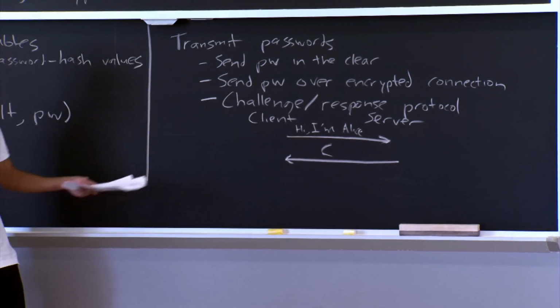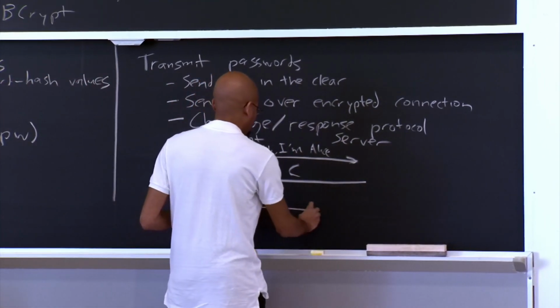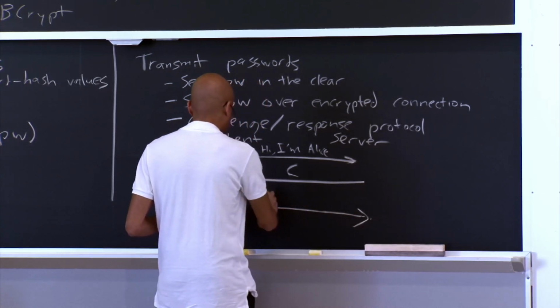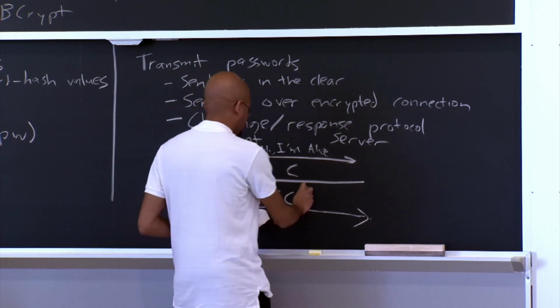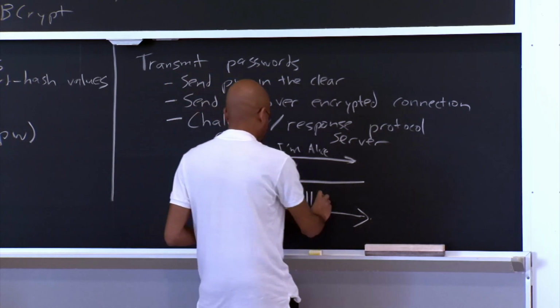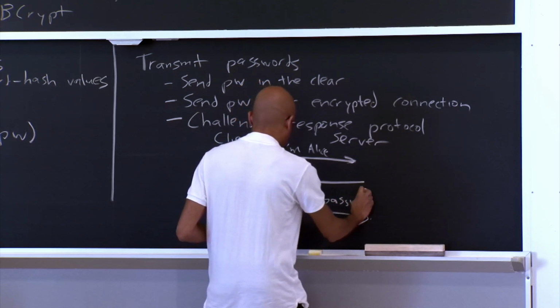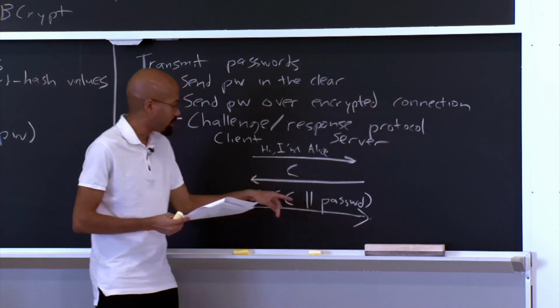Some quantity that the server got to pick. And then the client is going to respond with the hash of that server sent challenge, and then you can concatenate that with the password, right?